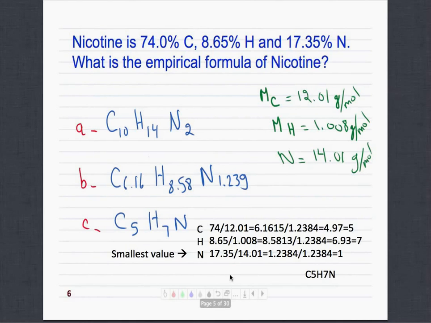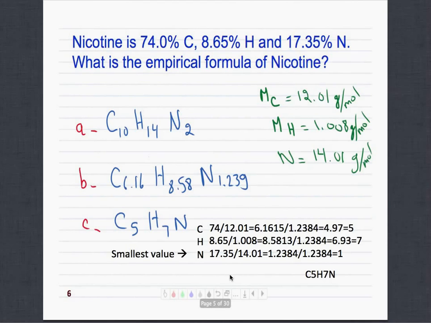Now, let's get started. So first of all, I'm going to calculate the number of moles of carbon, which is the mass over the molar mass. I have 74.0, always 12.01, definitely that's a gram per mole.